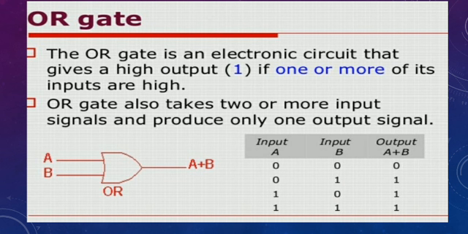Next, the OR gate. The OR gate is an electronic circuit that gives a high output if one or more of its inputs are high. The OR gate also takes two or more input signals and produces only one output signal.